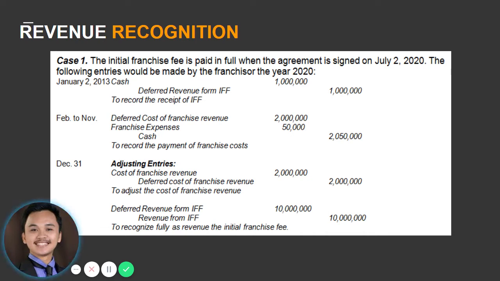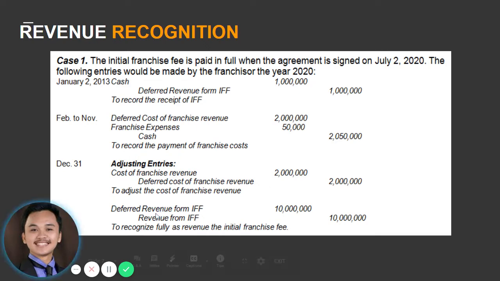Okay? Since we can now recognize revenue, we can also recognize our direct cost of franchise. So in this case, we will now be recognizing our cost of franchise revenue by debiting it. So debit cost of franchise revenue of 2 million, and then credit the account that we deferred earlier, deferred cost of franchise revenue, for 2 million. Okay?